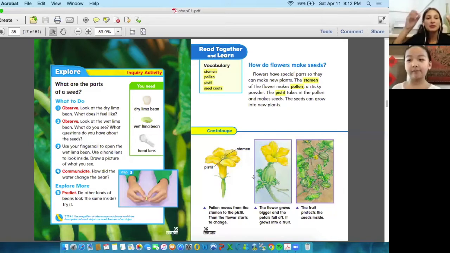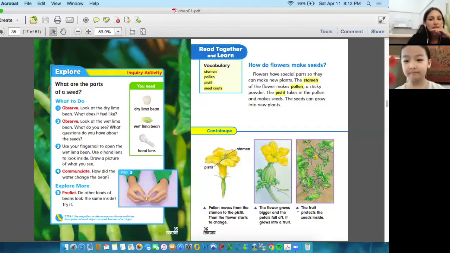And the petals fall off, okay? These yellow things are the petals. So they fall, and then what grows in the bottom? A fruit. Is that a watermelon? I think it's a watermelon. It looks like it. A pumpkin, a watermelon. I think it's probably a watermelon, right?